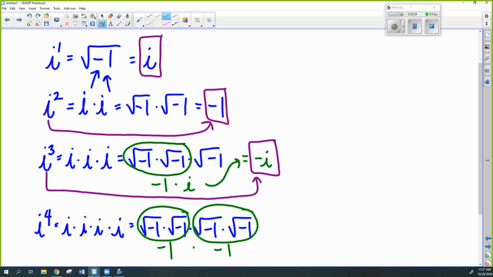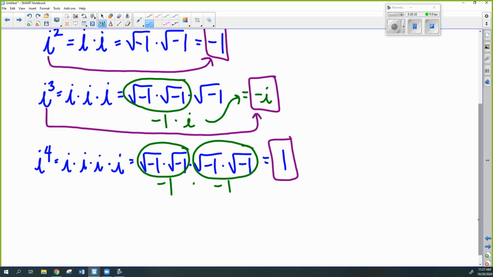All right, well, what happens when I multiply what's left? What happens when I actually do the negative 1 times the negative 1? Good. We get positive 1. Okay, so you're going to be able to skip all that stuff in the middle, and you're going to be able to tell me that i to the fourth is equal to 1.